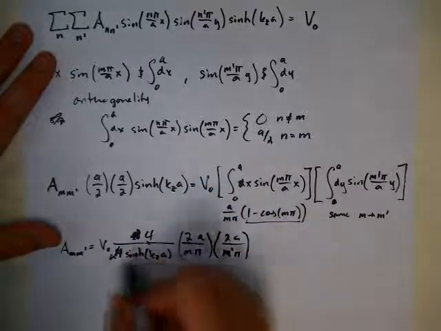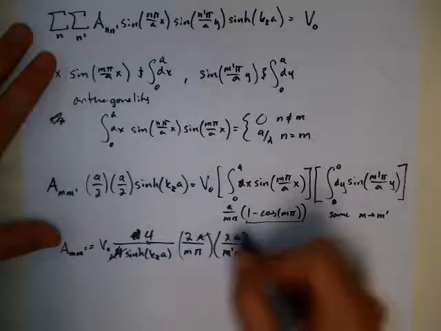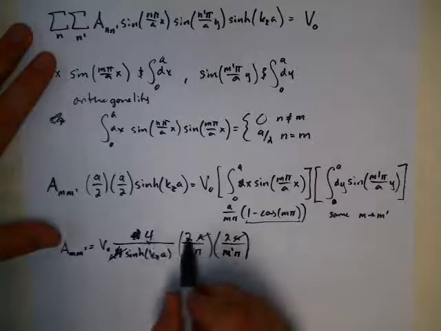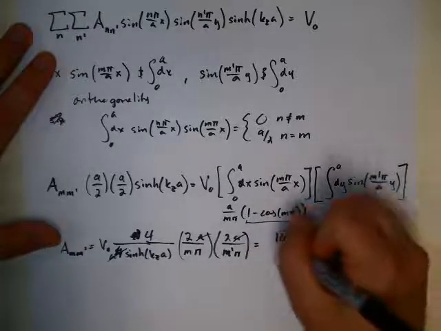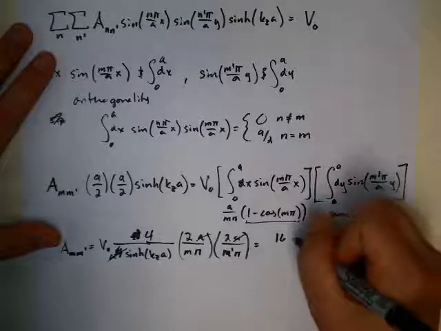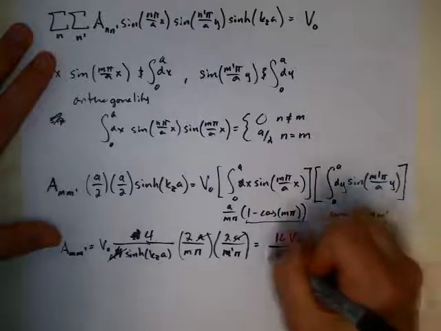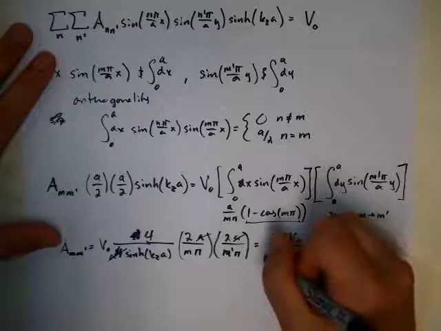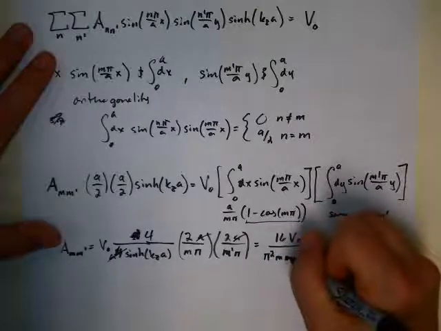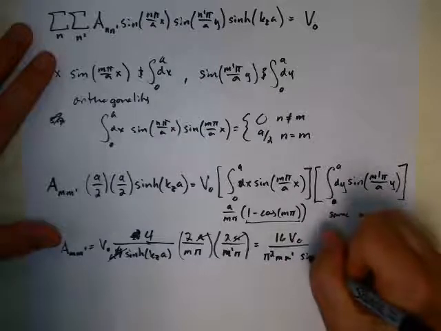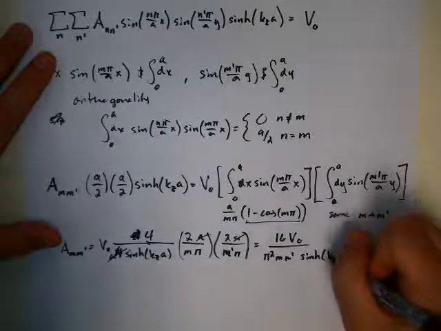Okay. So the a squareds are going to cancel. I'm going to get 4 times 2 times 2 is going to be 16. And so this is going to be 16 v naught over pi squared m prime sinh of kza.